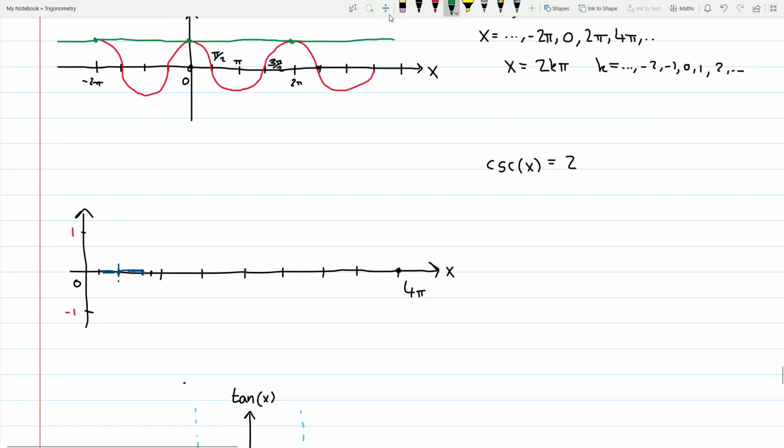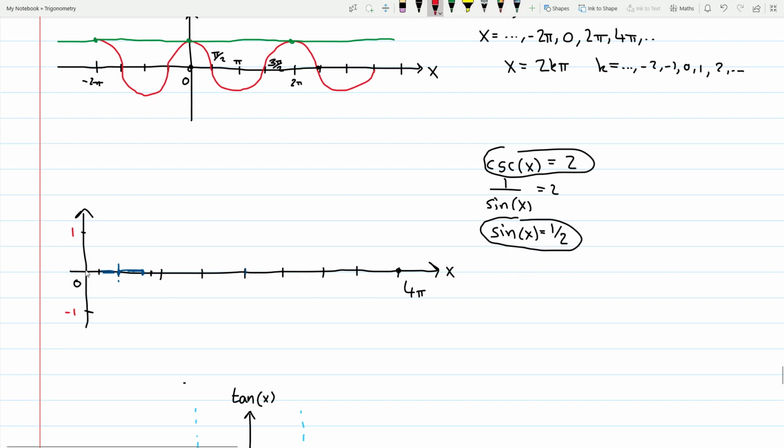Instead, I'm going to note that cosec is 1 over sine, so 1 over sine x is equal to 2. If I multiply both sides by sine and divide both sides by 2, I get sine of x equals a half. So the points at which the cosecant of x equals 2 are exactly the same points as where the sine equals a half.